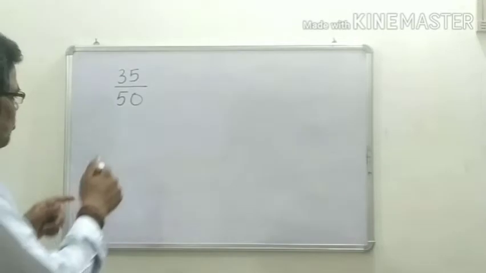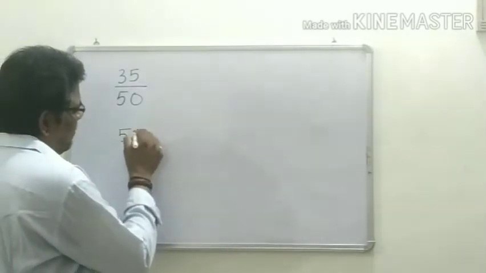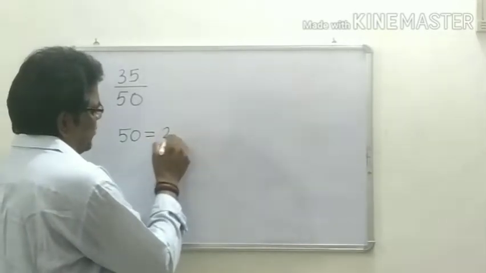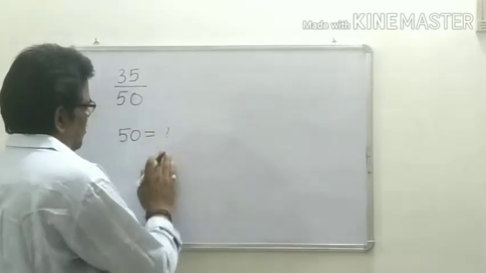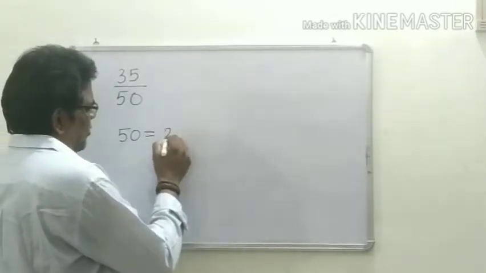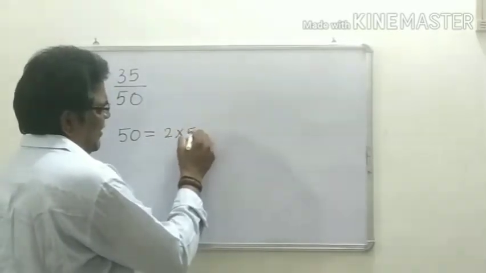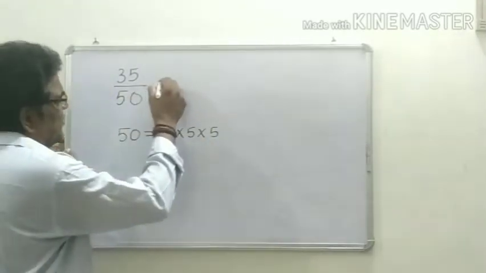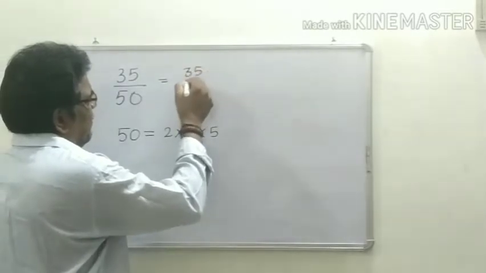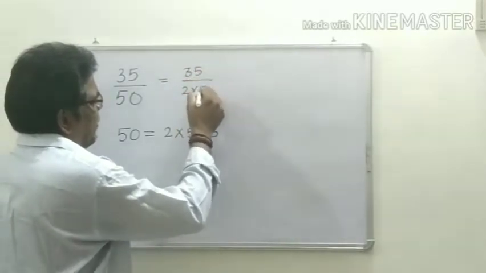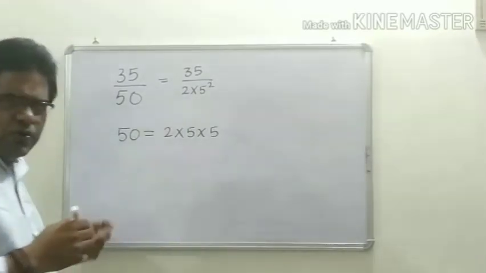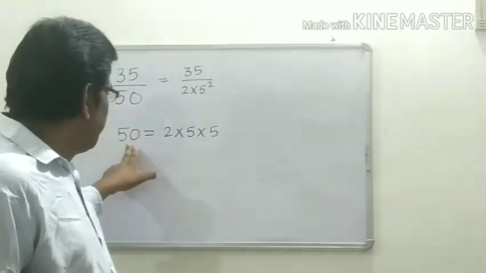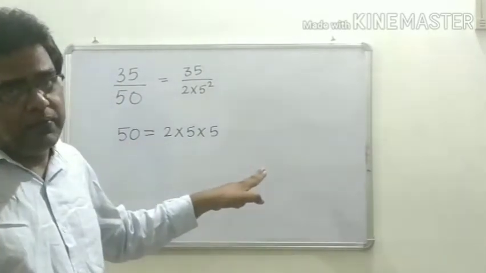What you have to do is factorize this 50, do the prime factorization: 2, 5 ja 10, 5 ja 50. You can write this as 35 upon 2 into 5 power 2. Of course, you are getting the prime factors as 2 and 5.